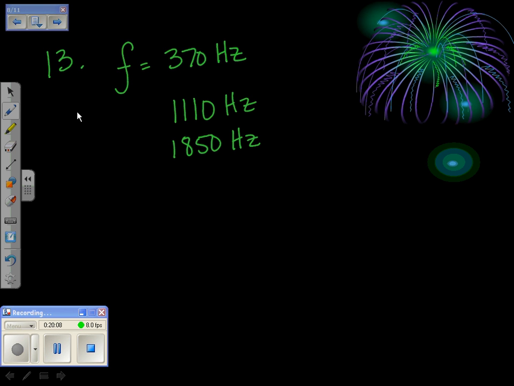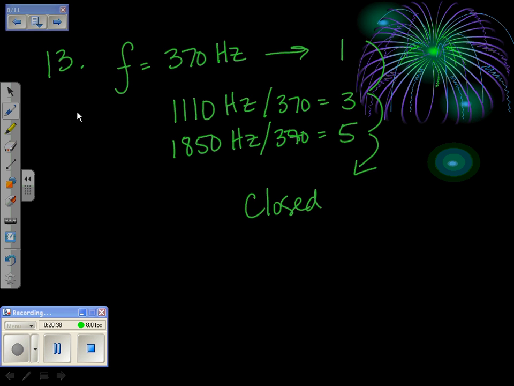Well, I want to find out what harmonics these are really, because that'll tell me if it's an open or closed pipe. So I'm going to divide by the original harmonic, and I find out that this is 3, and this is 5. Since this one is 1 and they go by odds each time, this means that the pipe is closed at one end.